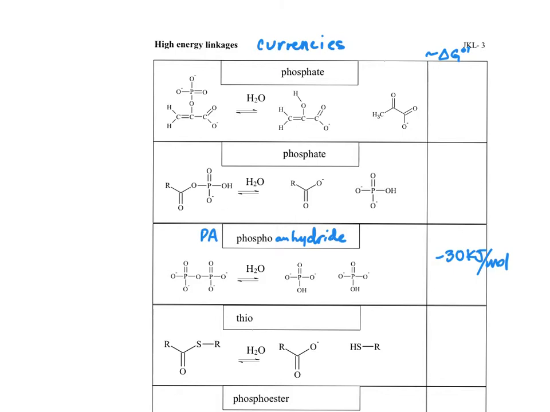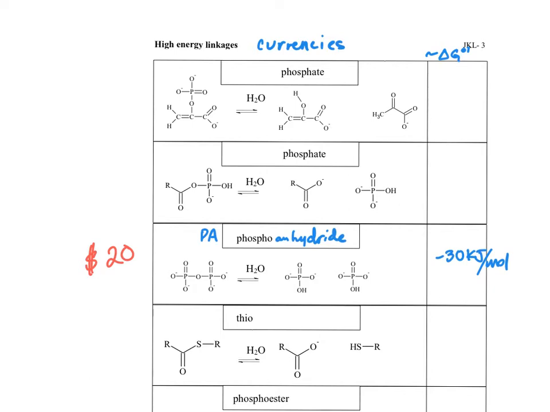Now, when we think about currencies, I like to think of ATP and the phosphoanhydride that it contains as kind of like the $20 bill. I mean, think of when you go to the ATM and get out $100. You don't get ones or fives. That's unwieldy. And they don't give you hundreds either, because that's also difficult to break if you go out to a small store.